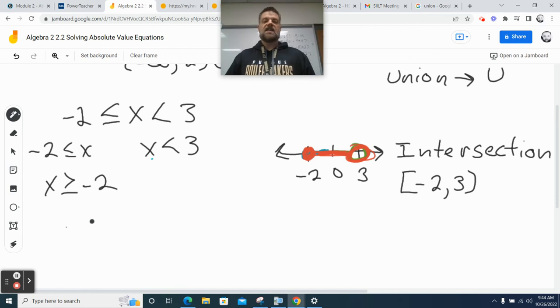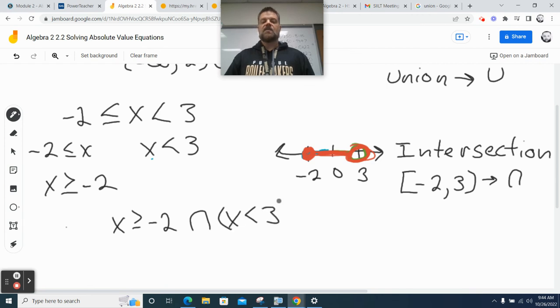With set notation, you could write it this way. You could say x is greater than -2, and then the intersection symbol, which is the upside down U, and then x is less than 3.